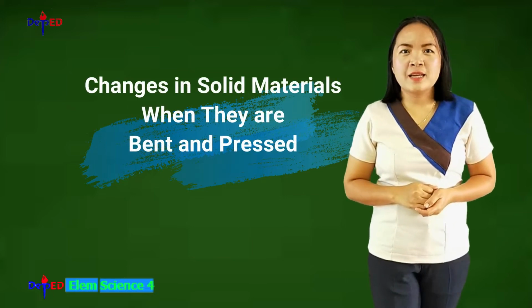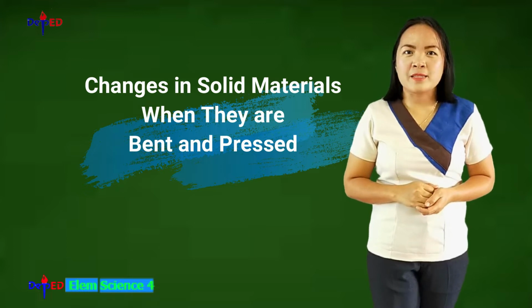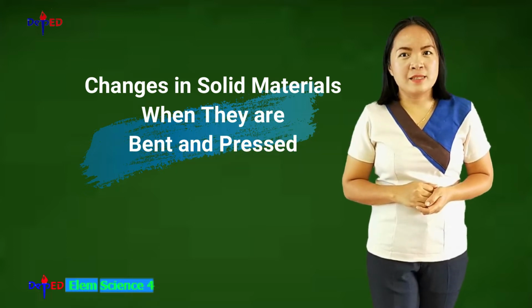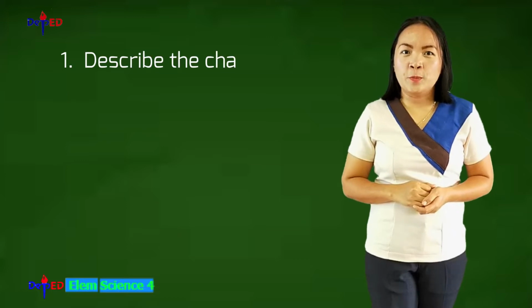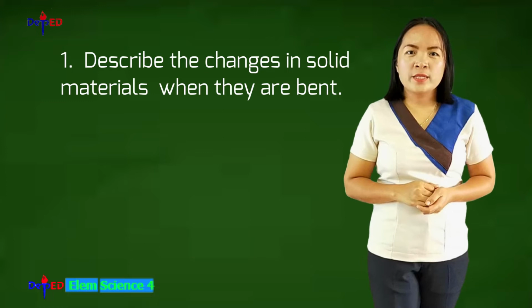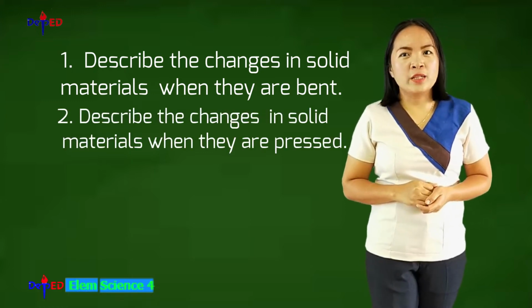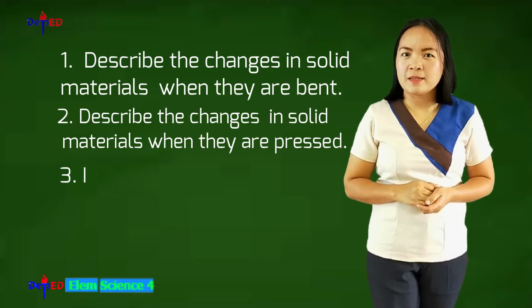This video lesson will cover week 2 lessons about the changes in solid materials when they are bent and pressed. At the end of these lessons, you will be able to, number 1, describe changes in solid materials when they are bent. Number 2, describe the changes in solid materials when they are pressed.